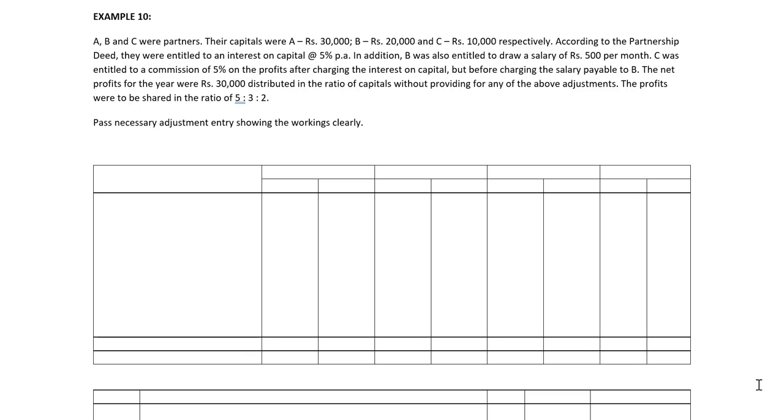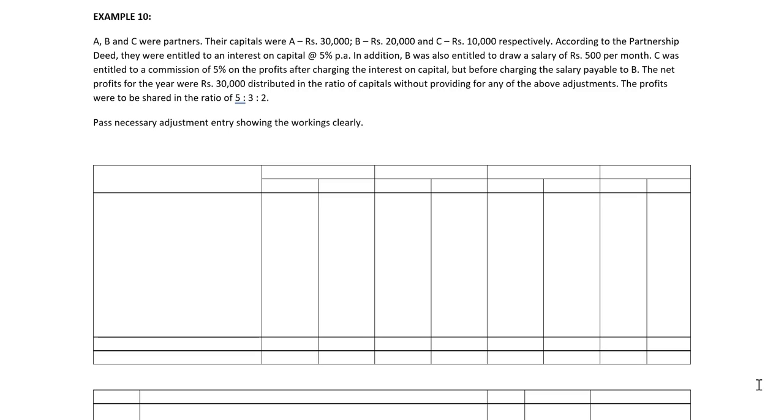From this problem, we find that the errors are: the first error is that the profits of 30,000 was distributed in the ratio of the capitals, which is 3:2:1, which is a wrong ratio. The profits ought to be shared in the ratio of 5:3:2.